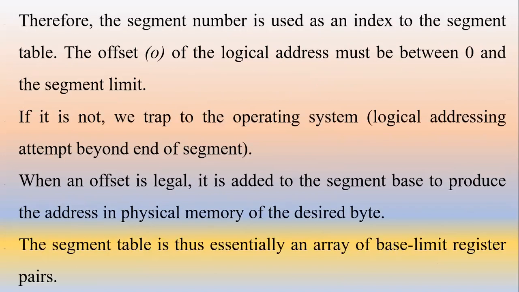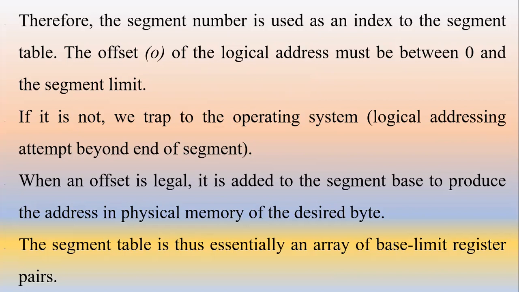Therefore, the segment number is used, just as I have said, as an index to the segment table. The offset of the logical address must be between 0 and the segment limit. If it is not, we trap to the operating system because the logical addressing attempt is beyond the end of the segment.